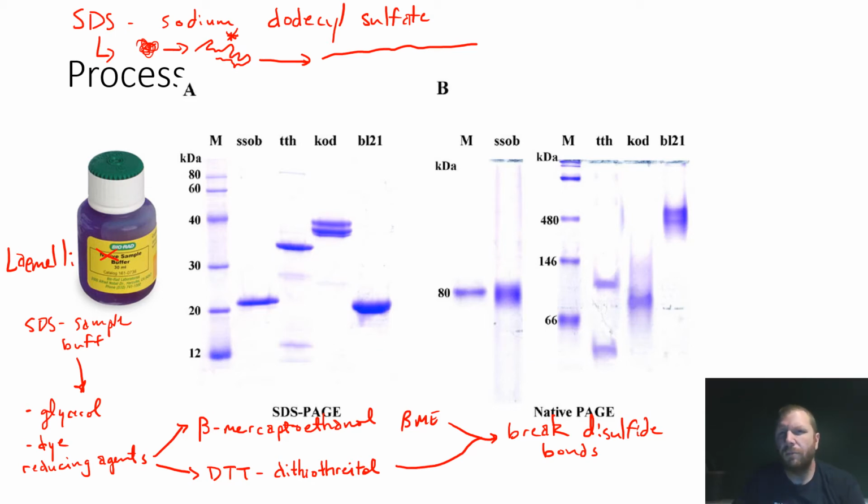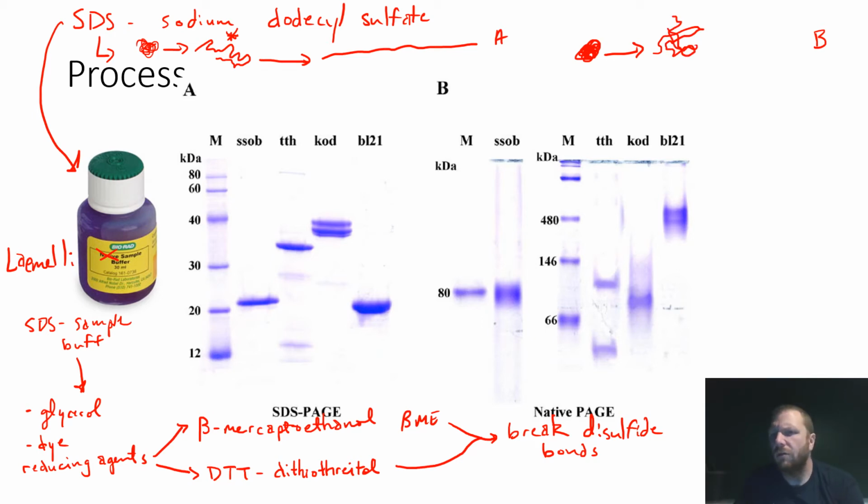Now, in addition to that, what's not presented in this model, which I'm going to call model A, is model B. So we've got something that looks like this. And when we have the SDS, which is also in this Laemmli buffer, or this SDS-PAGE sample buffer, what's going to happen is we've got something that looks like this.